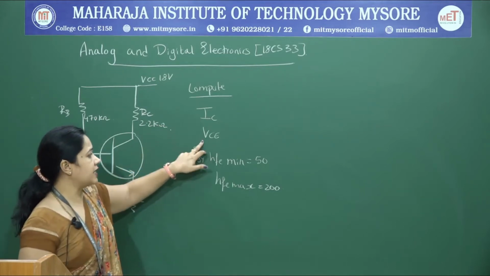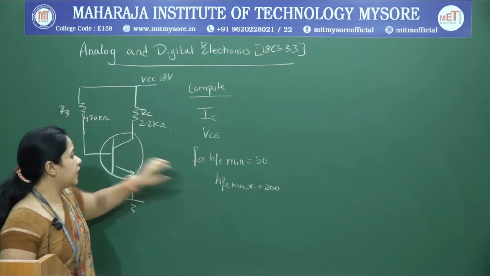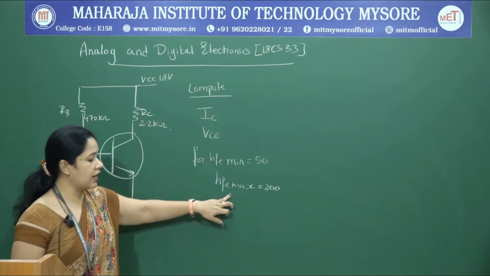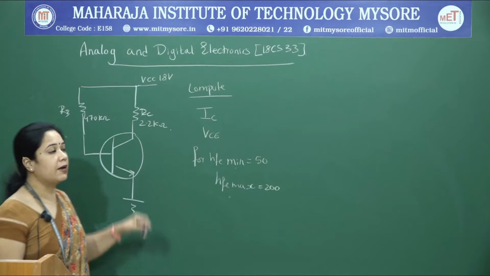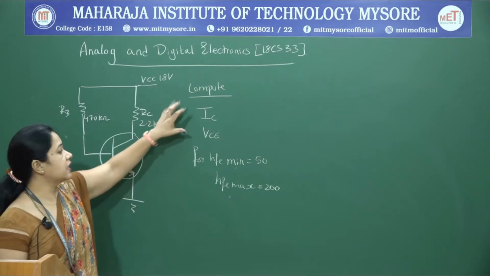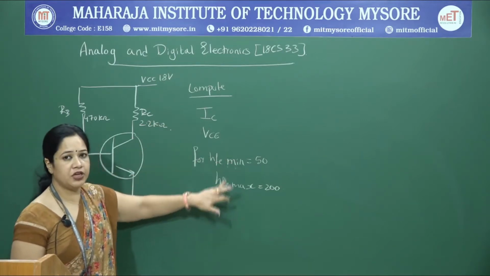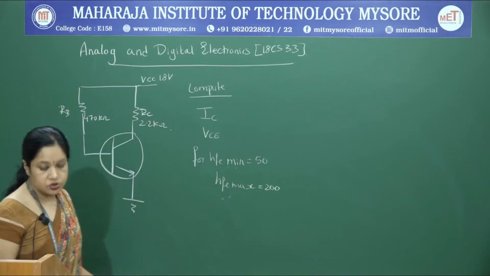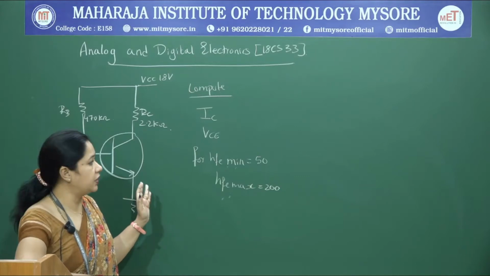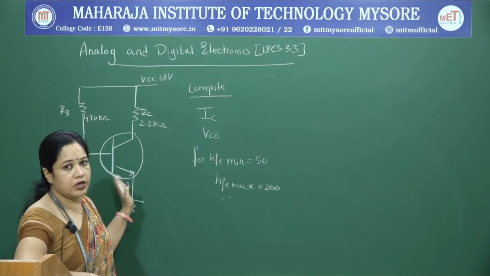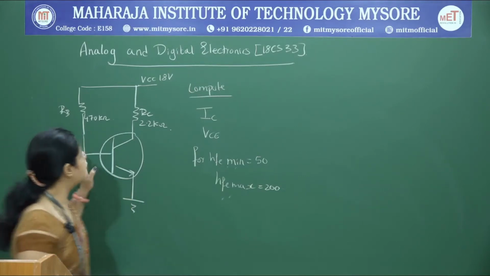I need to determine IC and VCE corresponding to the minimum and maximum values of gain, and we will draw the load line and compare the Q points corresponding to a gain of 50 as well as 200. With this we can see the effect of gain on the operating point of a given biasing circuit.